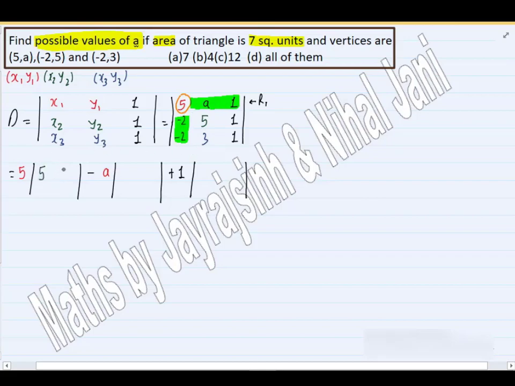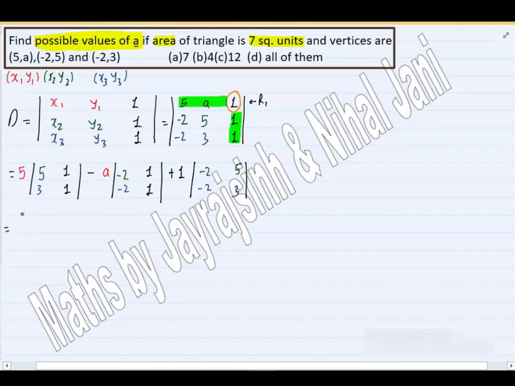We'll get 5, 1 and 3, 1. Now the next one, ignore first row, second column, get minus 2, 1 and minus 2, 1 again, and the final determinant will be minus 2, 5 and minus 2, 3.